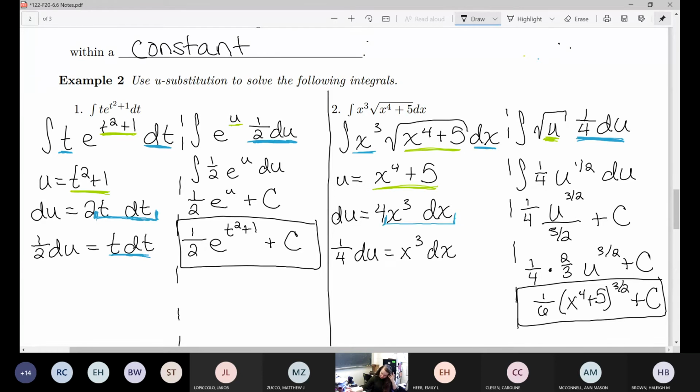We'll do a couple more then. So I'll leave this up for a couple more seconds in case people are still writing stuff down. And we'll just do as many examples as we can in the next 10 minutes. All right.